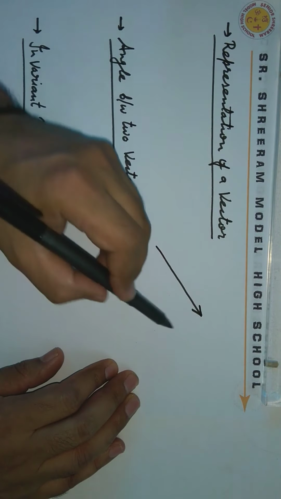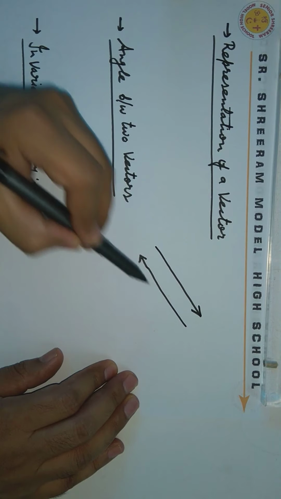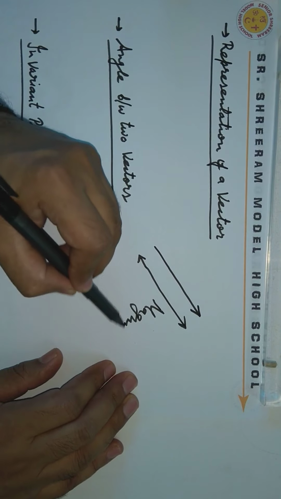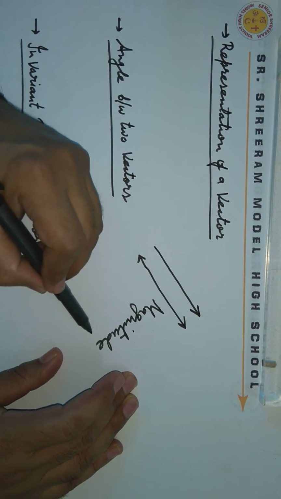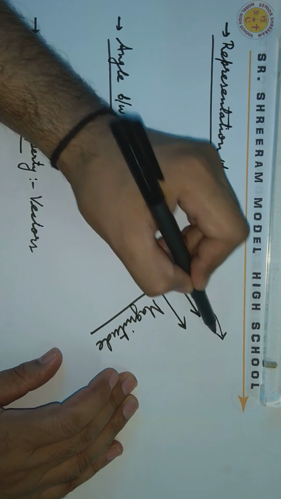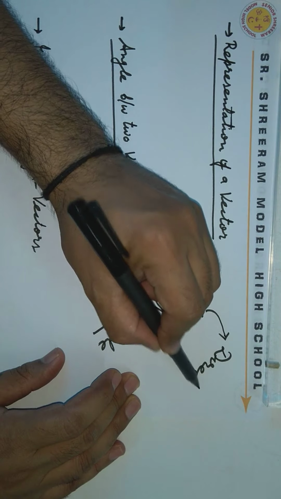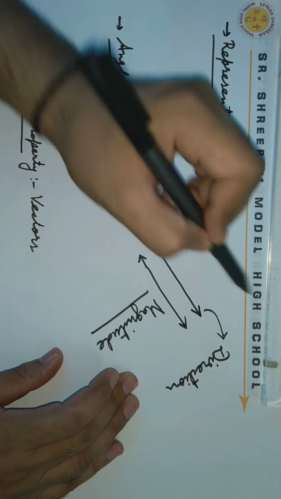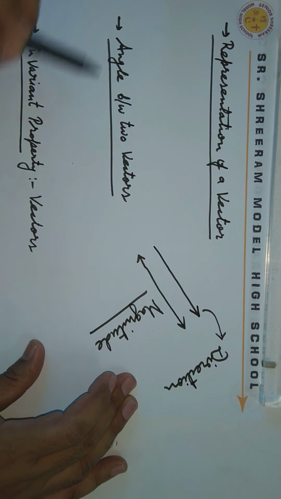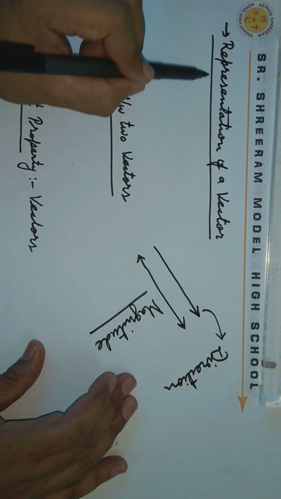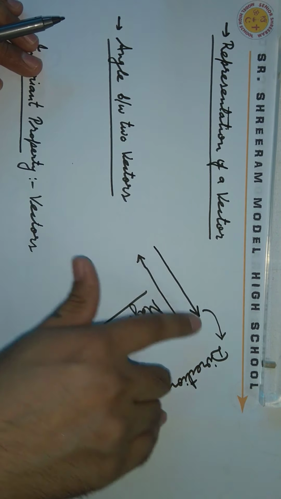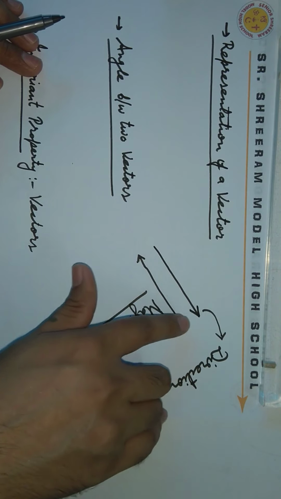The length of this line represents the magnitude of the vector, and the direction is represented by the arrow. Okay, this is very simple. So this was the first topic, representation of a vector: the length of the line is the magnitude, and the arrow represents direction.